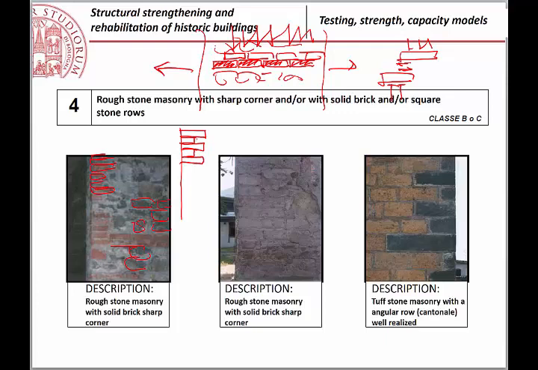Why? Because in this way you are able to make some interlock connection between the end part of the wall and the inner part of the wall.